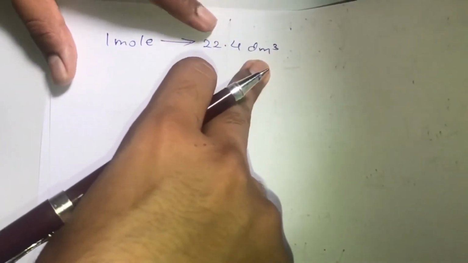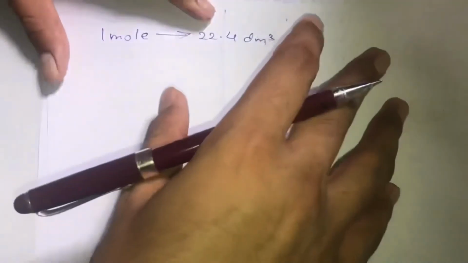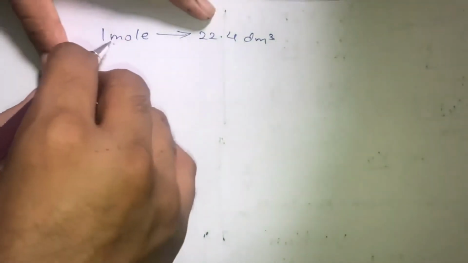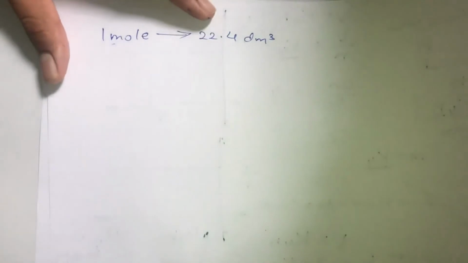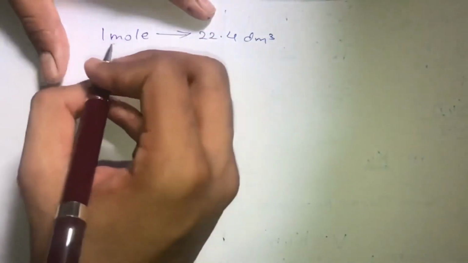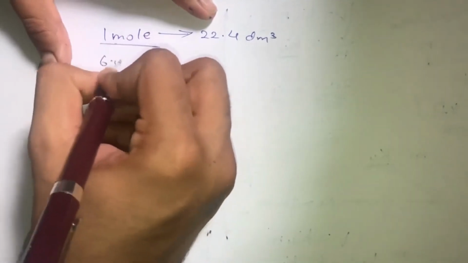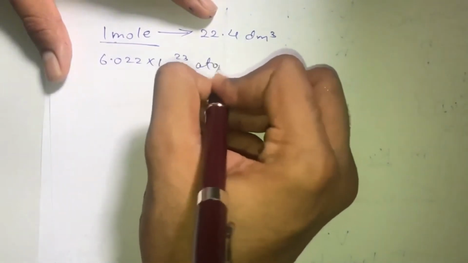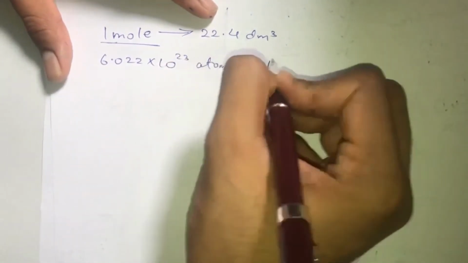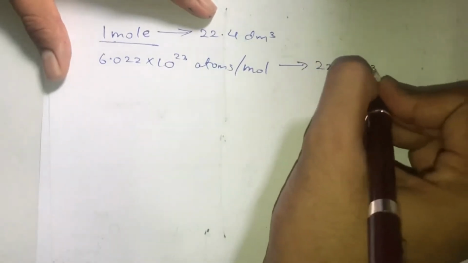And if you don't know what moles are, don't worry, I've already given you the link in the description box below. Okay, so he said that 1 mole of gas will occupy 22.4 dm cube of volume, and he also said that since inside 1 mole there are 6.022 into 10 raised to 23 atoms or molecules, they are going to occupy 22.4 dm cube.